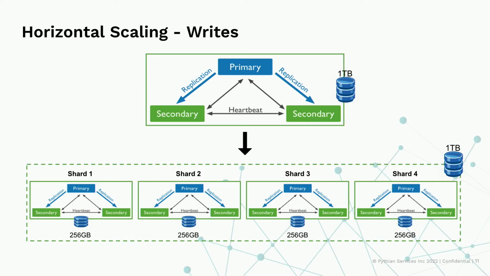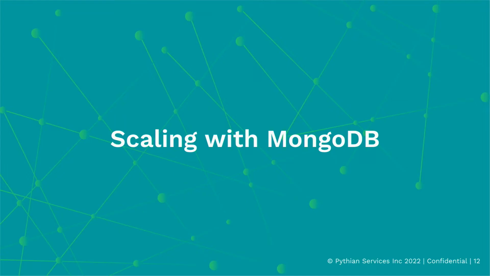Like in this example, we have a total 1 terabyte of database. If we split that database across multiple shards, then we can run on more cost-effective hardware, and still in this existing pool we can add as many nodes as we want to. So how is this done with MongoDB?